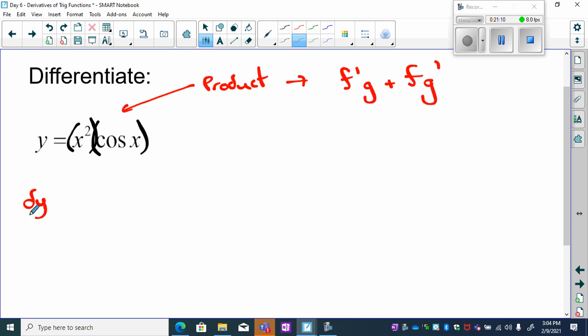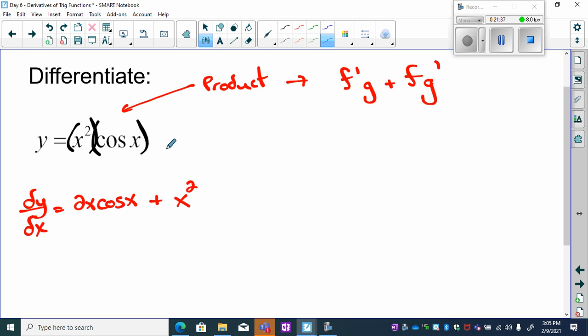So, if this happens to be the first, what would the derivative of x squared with respect to x be? That would be 2x times the second. So this is g. So I literally rewrite cosine x plus the first, so x squared times the derivative of the second.